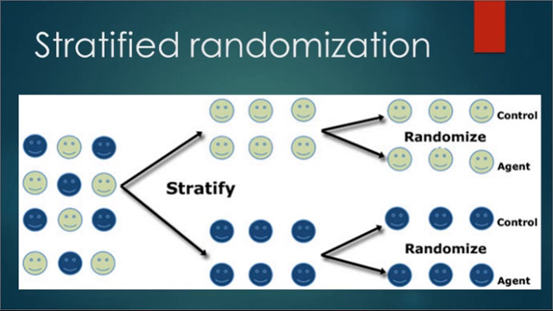For example, sometimes we might stratify into males and females, and then randomize from there. This would help prevent all of the males being in one group and the females being in the other group of treatments. And it allows us to have an even number of males and females in each of the different treatment groups.